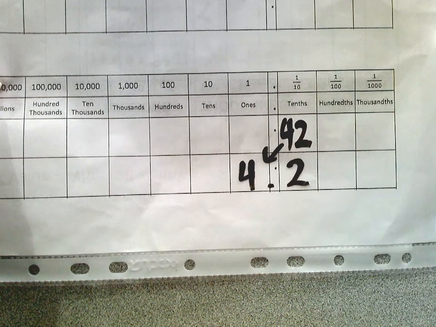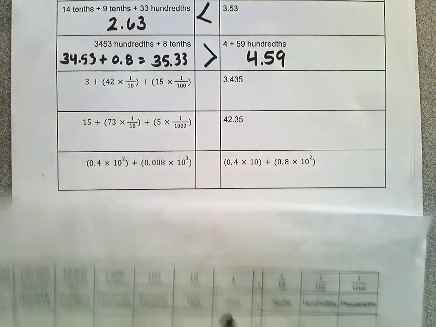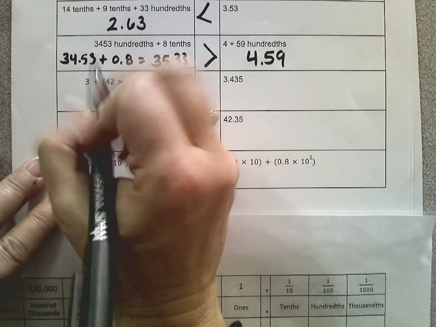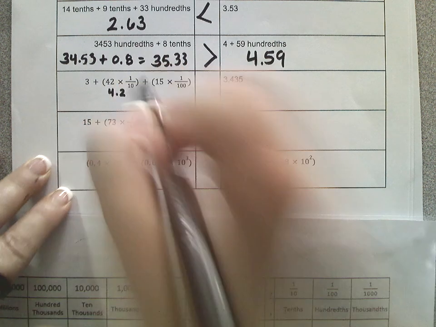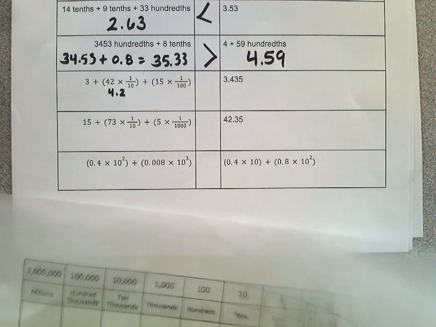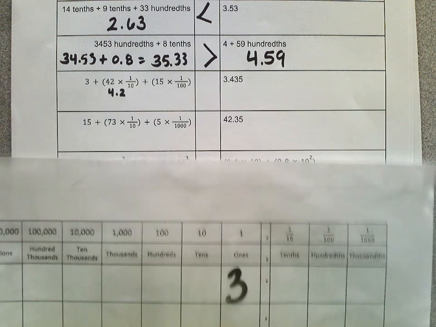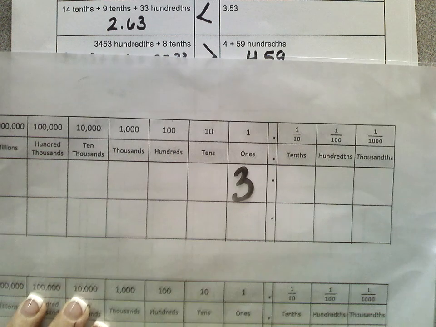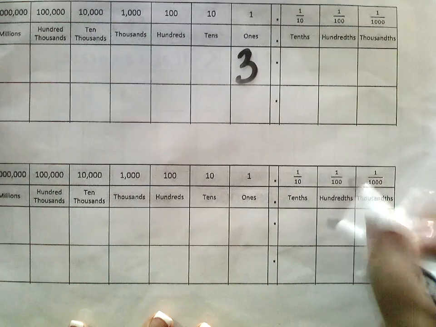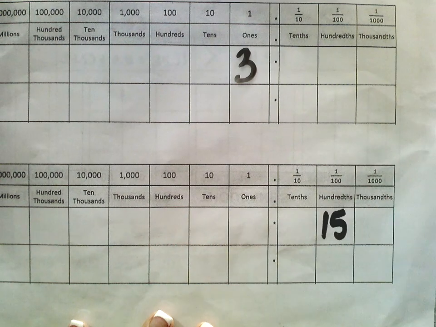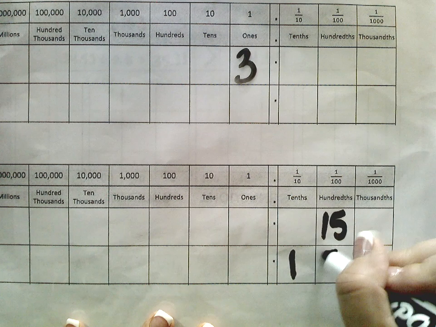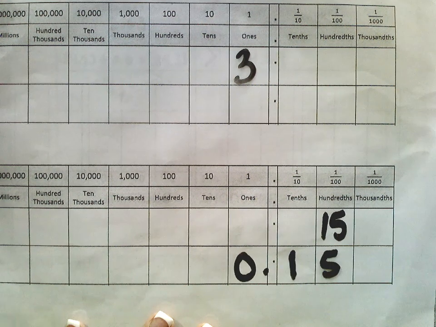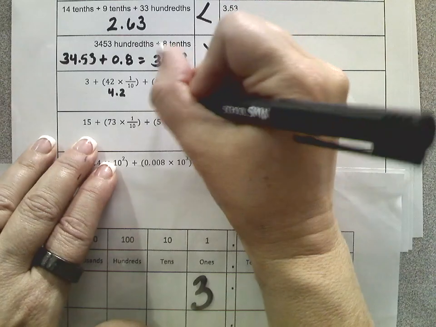So it's 4 and 2 tenths. So I'm going to do that here. And then we have a 15 in the hundreds place. Once again, I'm going to take a look at 15 in the hundreds place. That would move over. It would look like this. So I'm going to write that there.